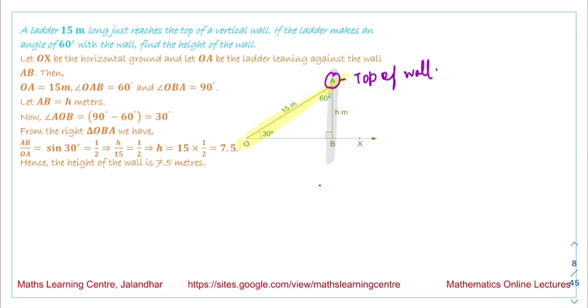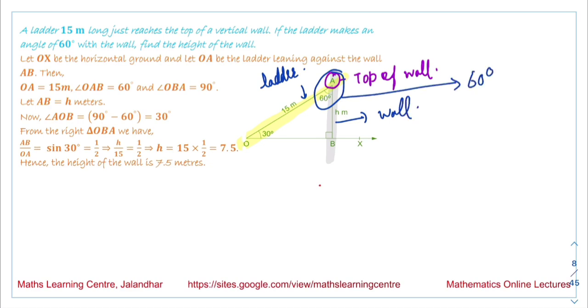And now the ladder makes an angle of 60 degree with the wall. This is the ladder given to us and this is the wall, and it is given that these two make an angle of 60 degree. We have to find the height of the wall.